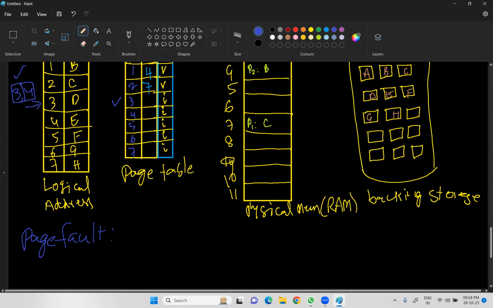When a process is trying to access a page, let me write the definition for this.